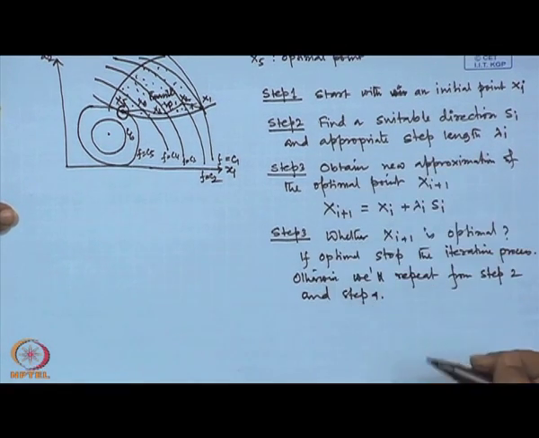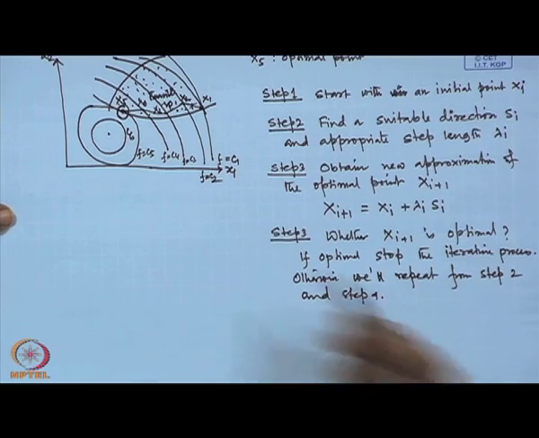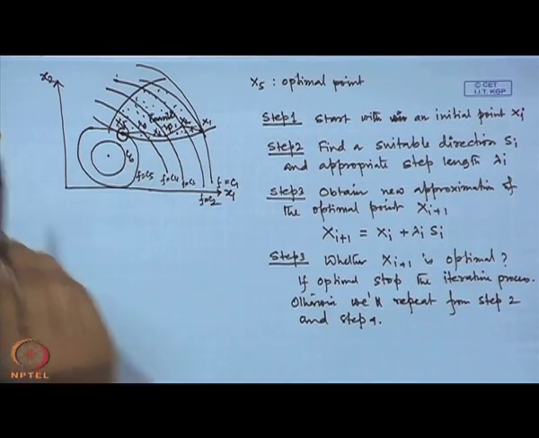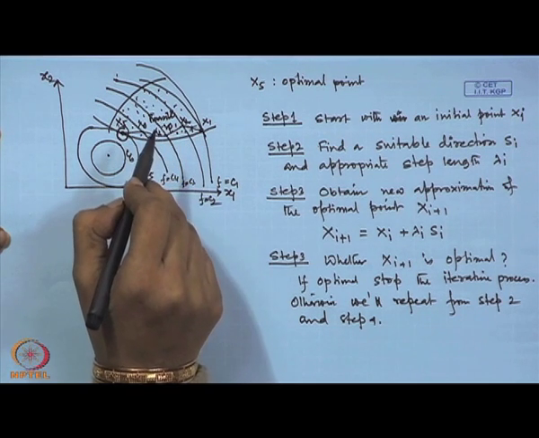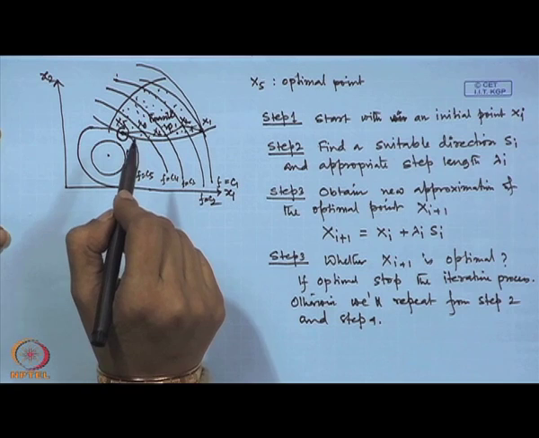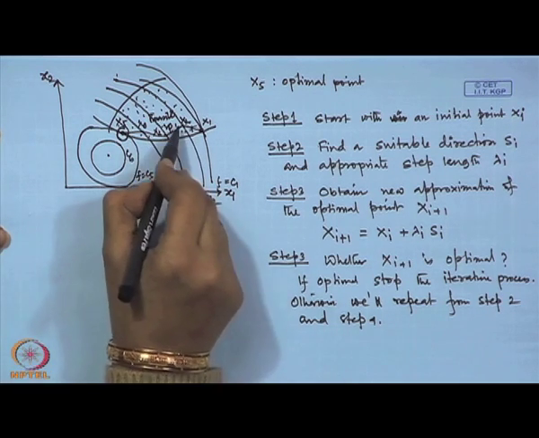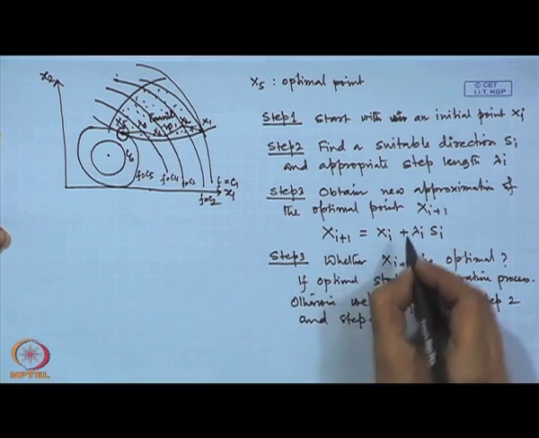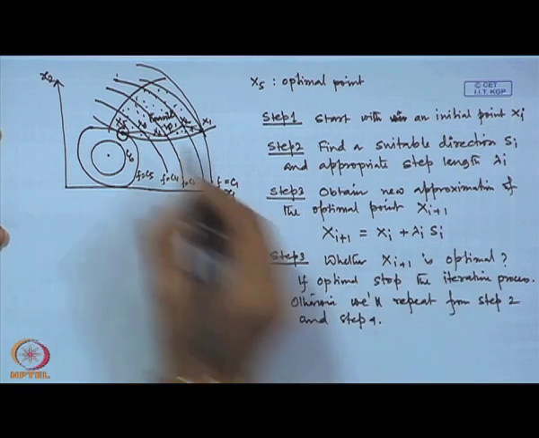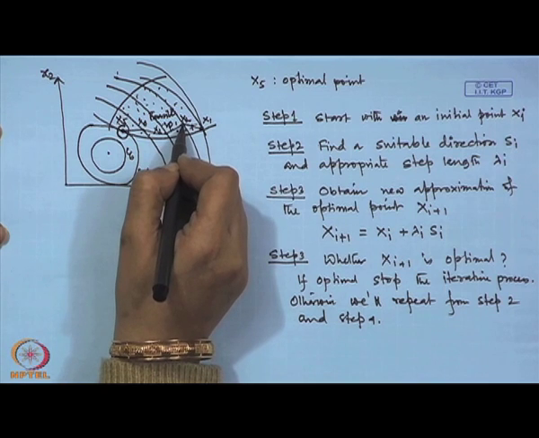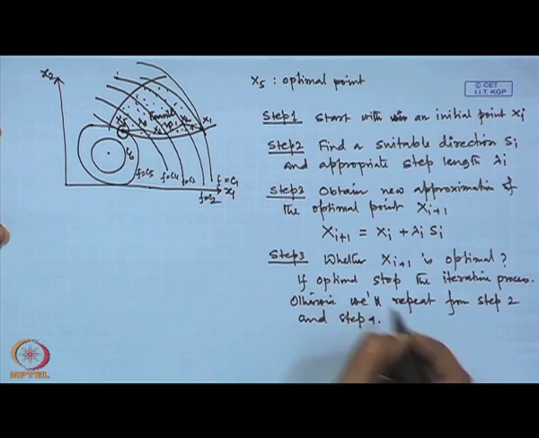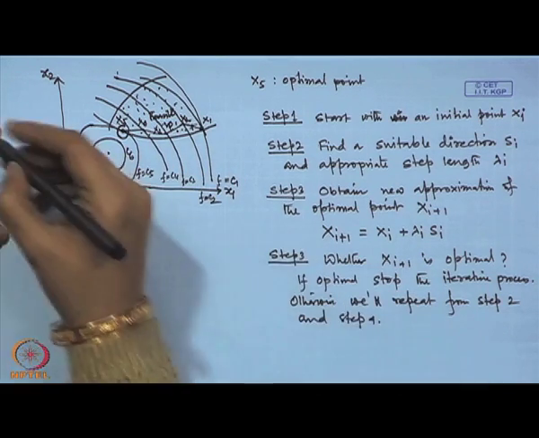Whatever I have written here, the whole algorithm, let me explain with this problem again. I am starting from x1, i is equal to 1, with suitable direction s1 and the appropriate step length lambda 1. I am moving to x2, that means x2 is equal to x1 plus lambda 1 into s1, and we have checked x2 is one of the feasible points, but that is not the optimal, because there is a possibility for further improvement. That is why we are repeating the process. We are moving to step 2 again.